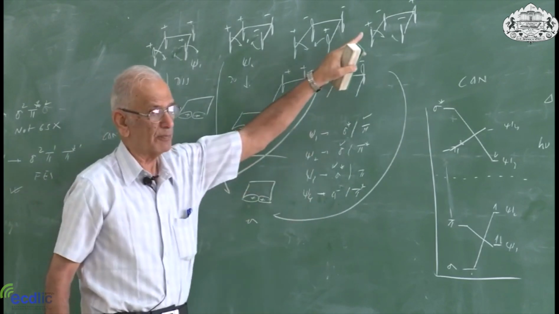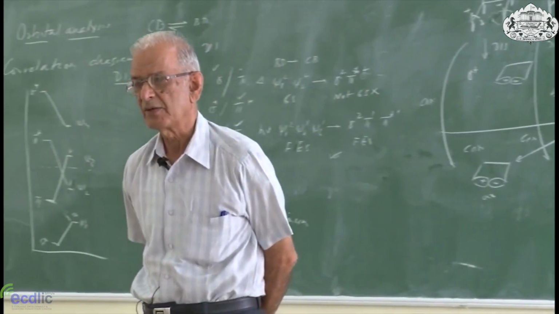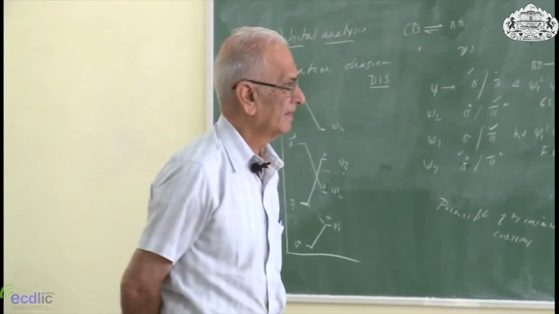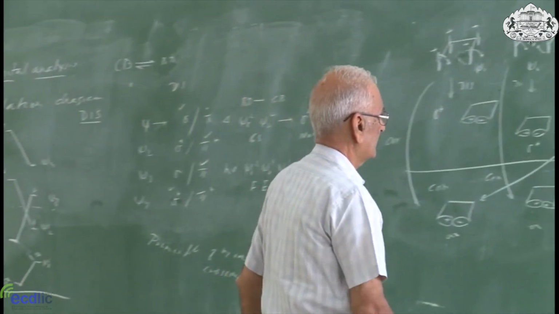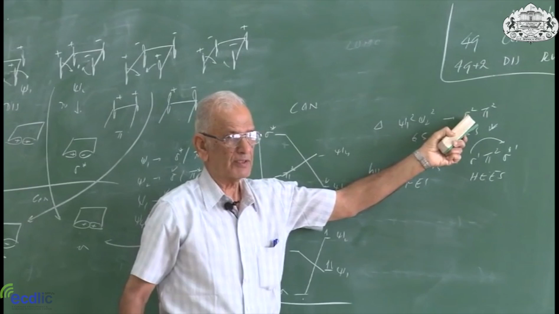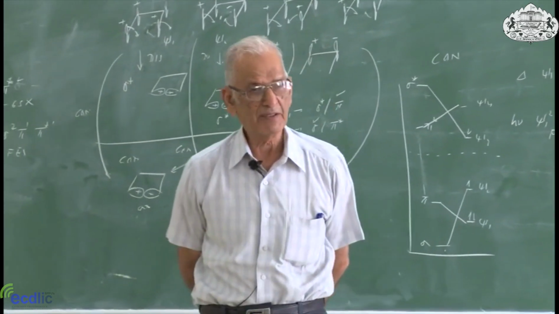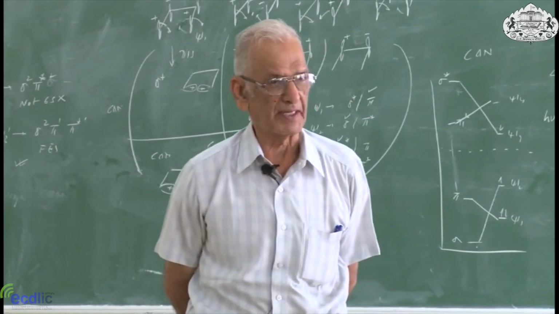Therefore, I look at middle orbitals have opposite signs, therefore, it correlates with pi. Then we wrote psi 1 2, psi 2 2 ground state goes into psi 2 2, pi 2 ground state gives ground state. Therefore, thermal reaction conrotatory is allowed.